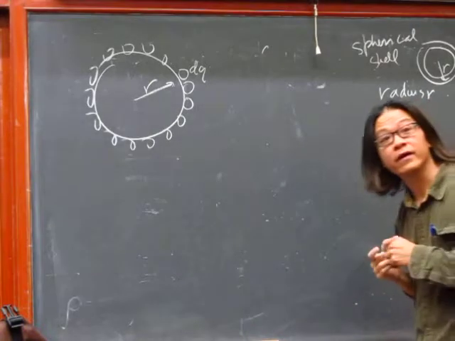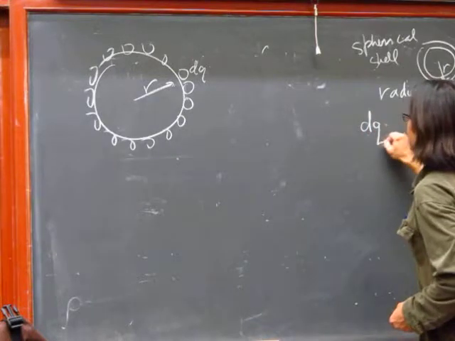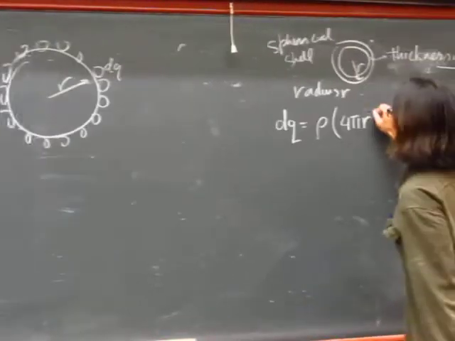And how much charge do I have in here? dq is just rho times the volume of this shell, and the volume of that shell is 4 pi r squared dr.